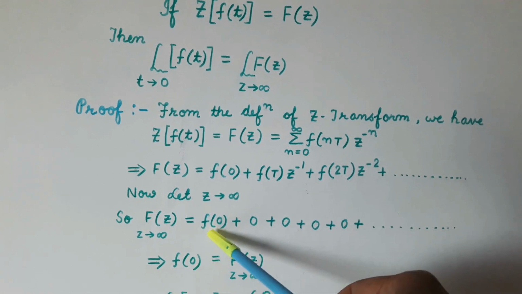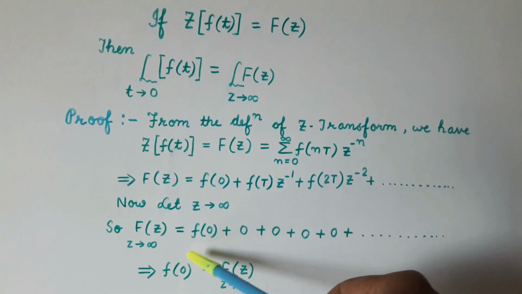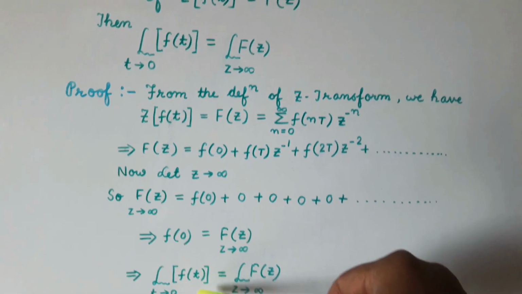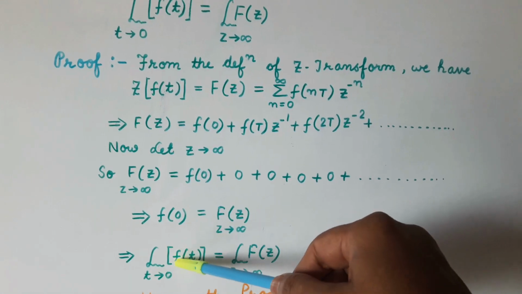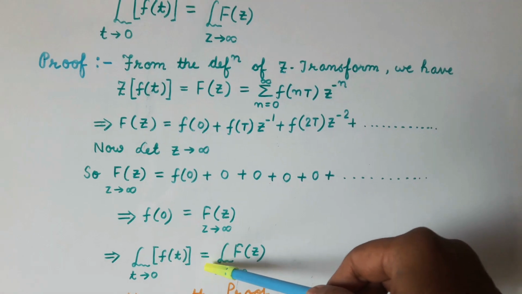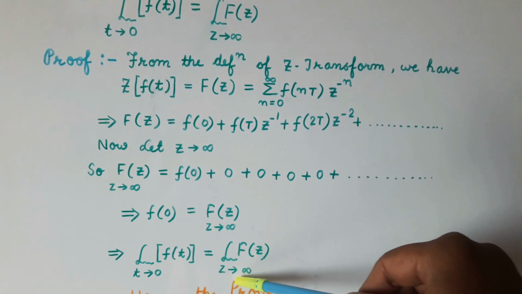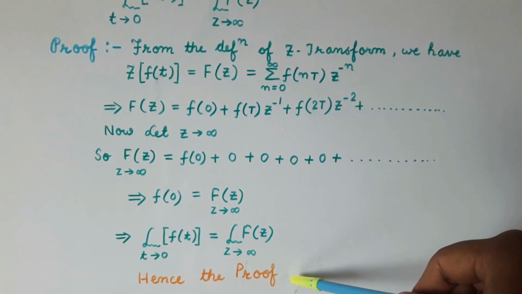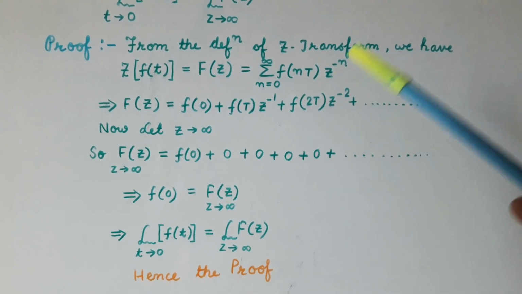So we have f(0) is equal to F(z) when z tends to infinity. So we can write that the limit of f(t) when t tends to 0 will be equal to the limit of F(z) when z tends to infinity. And this is the proof of the initial value theorem.